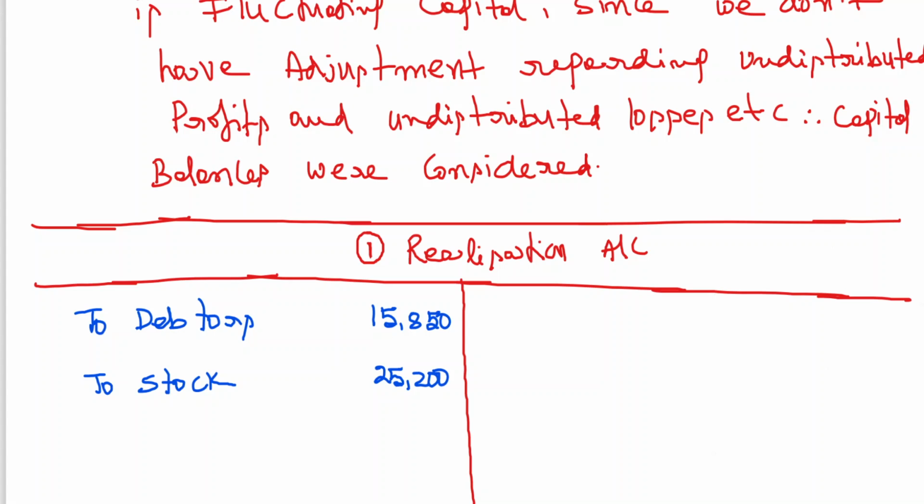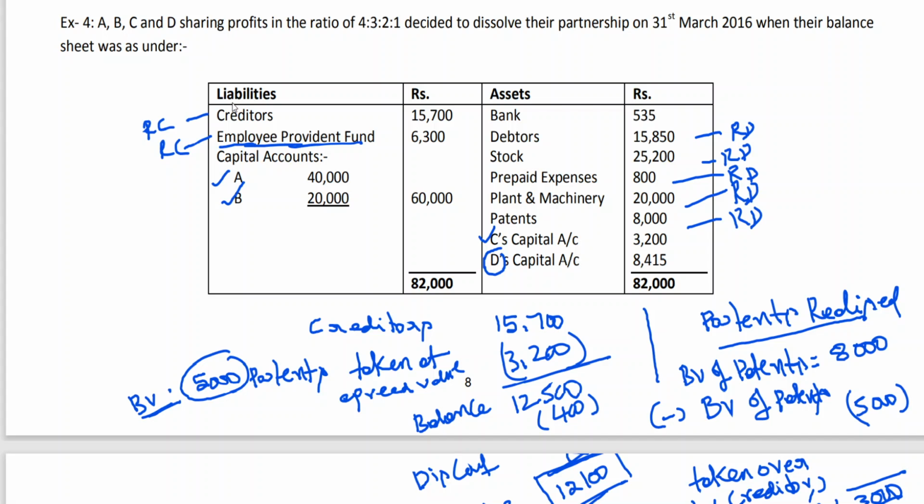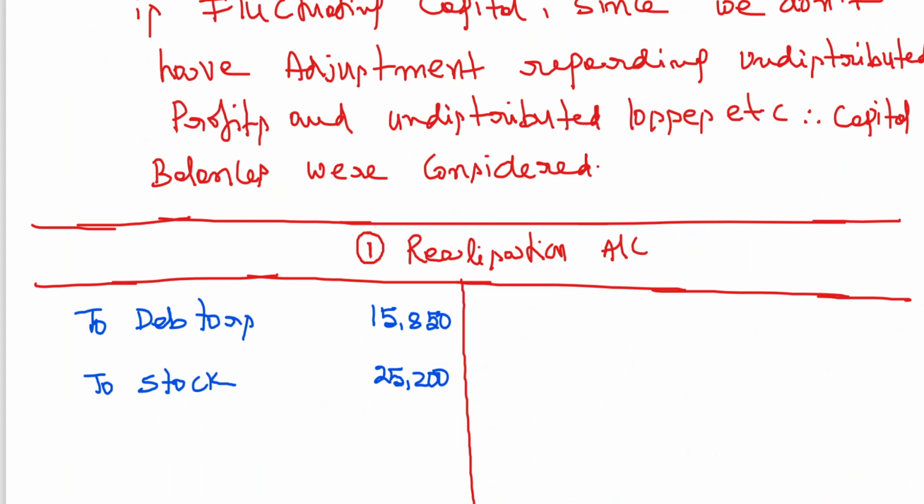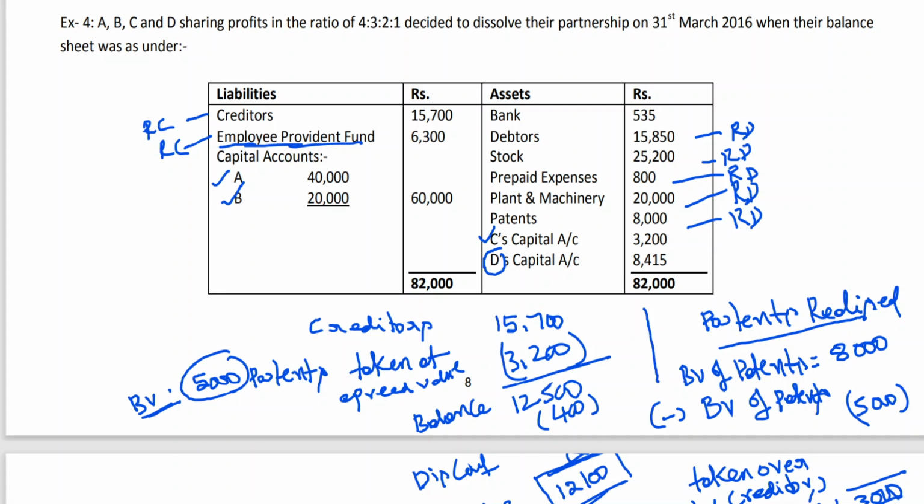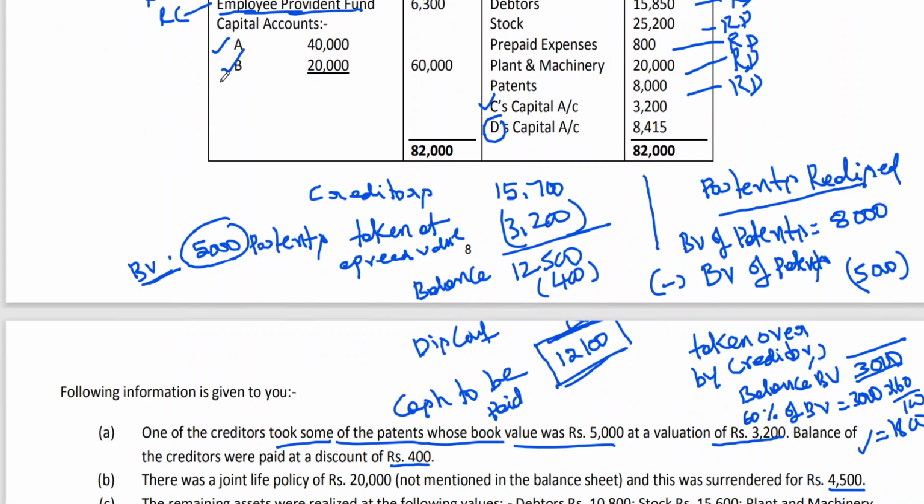To prepaid expenses 800. To plant and machinery 20,000.